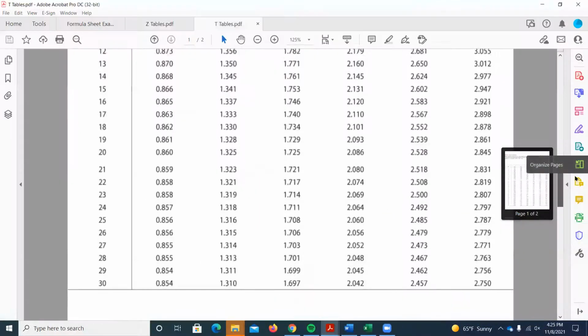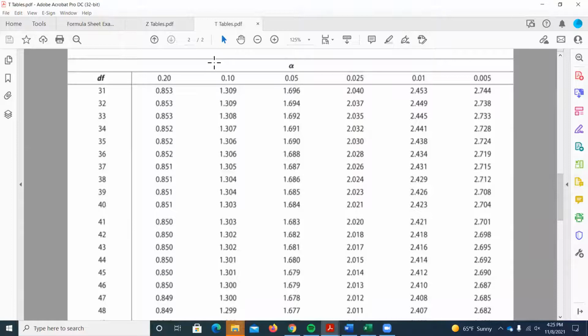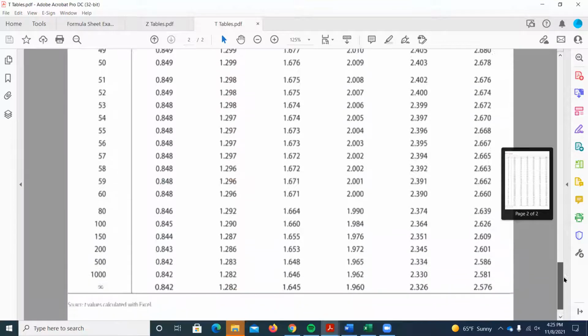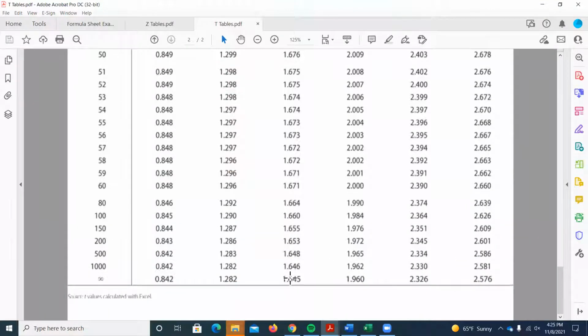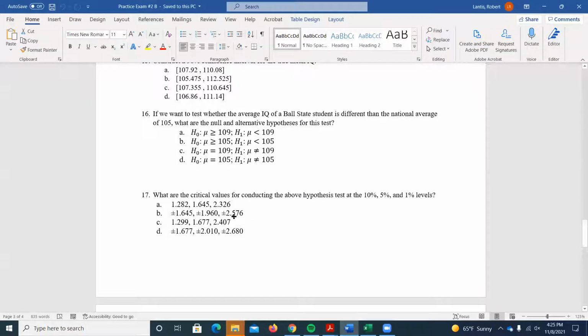Instead of 0.1, 0.05, and 0.01, I'm dividing alpha by 2 for a two-tailed test, so I'd be looking at 0.05, 0.025, and 0.005. So I'll use those three columns. My standard normal values will be positive and negative 1.645, positive and negative 1.96, and positive and negative 2.576. So those would be these three pairs of critical values.